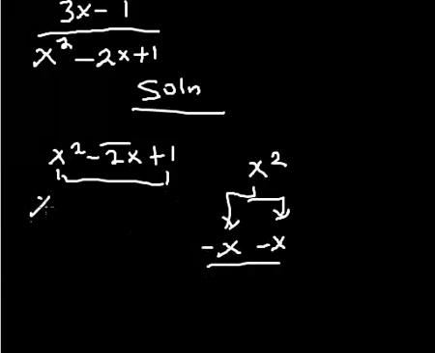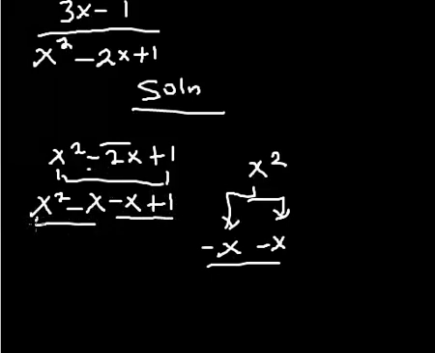So putting that into this, I'm going to have x squared, and these two factors will replace the minus 2x because when you add them, they give you minus 2x. So I'm replacing minus 2x by minus x plus minus x, then plus 1. Now I factorize these four terms by taking two terms at a time.